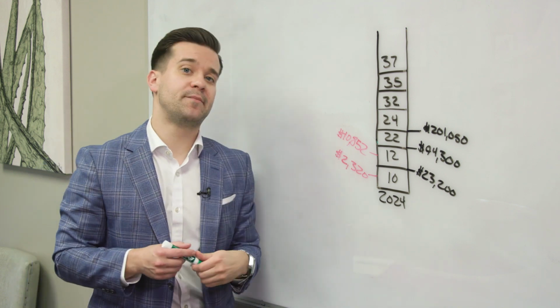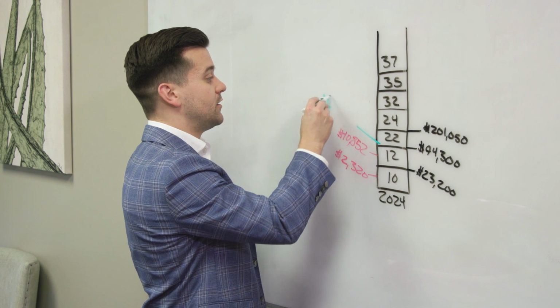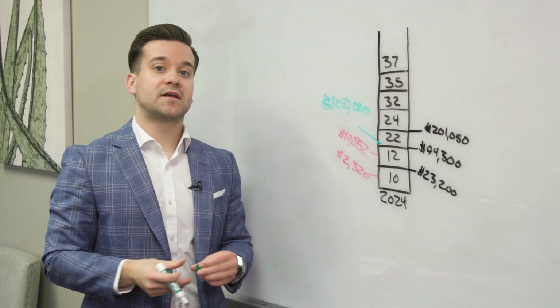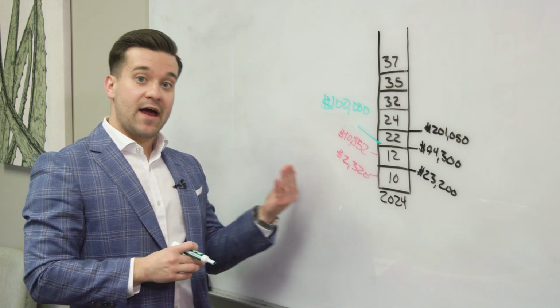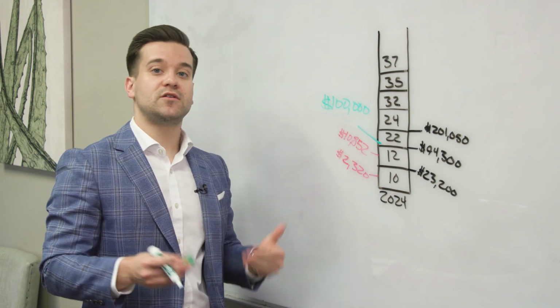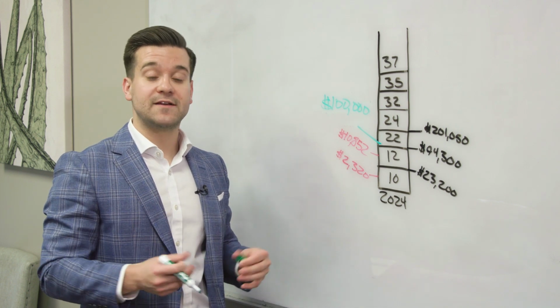Now let's use an example of $100,000 of taxable income for a married couple who are going to file their taxes jointly. So if I had $100,000 as a married couple filing jointly, that would put me in this 22% tax bracket or marginal rate.